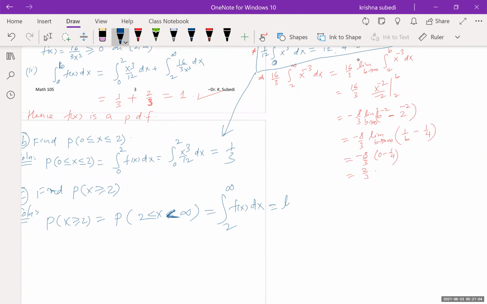So for this interval 2 to infinity, your f of x is 16 over 3 x cubed dx. And the good news is we already calculated this integral here. All you need to do is copy and paste this integral right here, which gives me 2 over 3. Done. Any question?